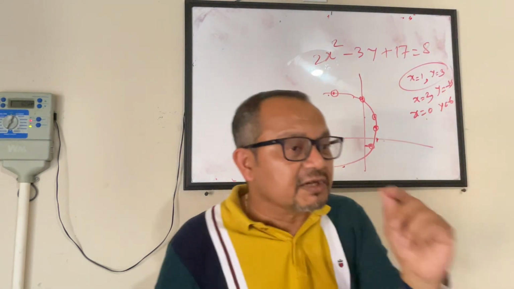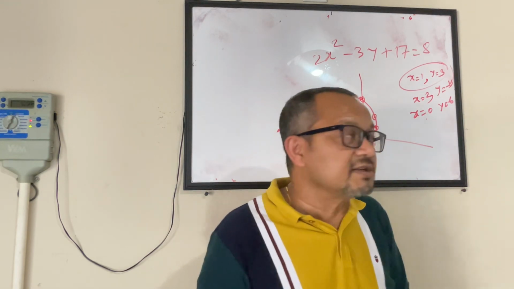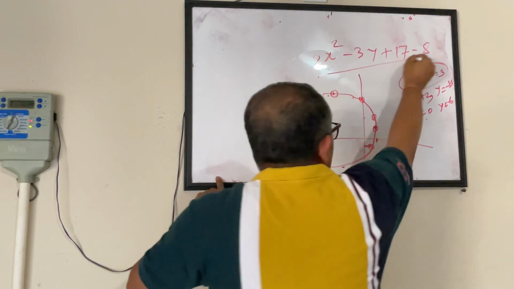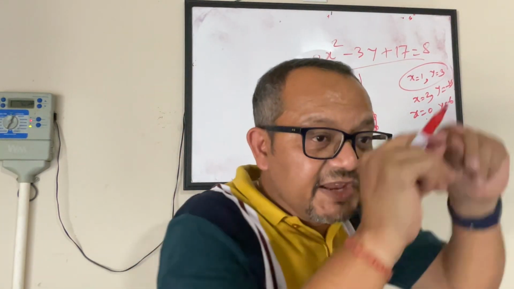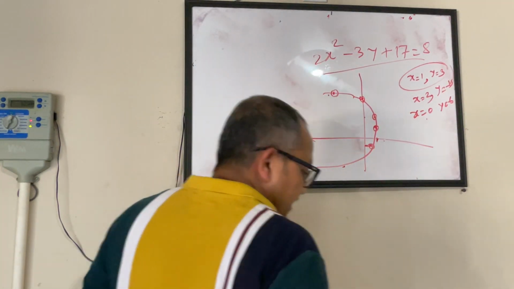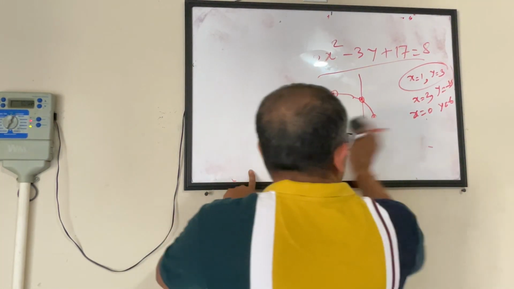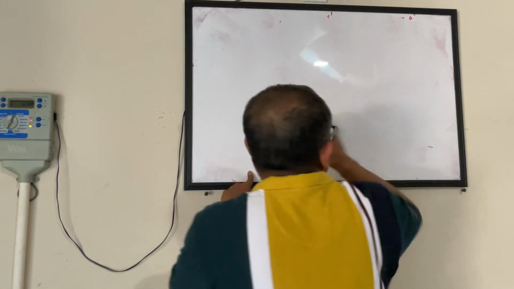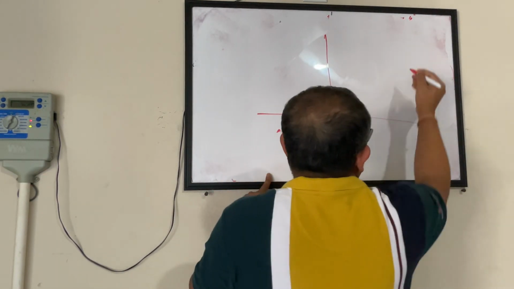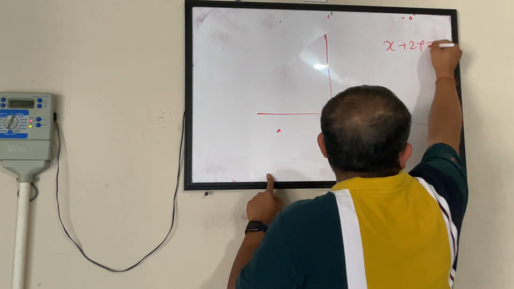Now, the simple interpretation from what we have learned so far is that when we have an equation, linear or quadratic, whatever equation it is, it gives us different possible combinations of x and y. If I am talking about a linear equation, let's say x plus 2y equal to 3.